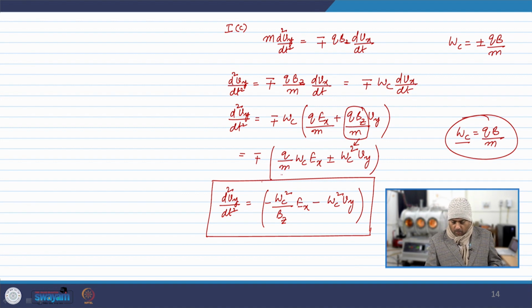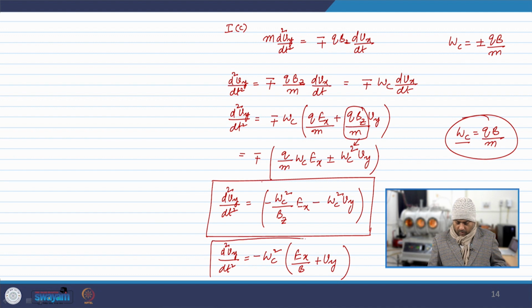So here q by m omega c when converted to omega c will give you a plus minus. Minus plus multiplied by plus minus will give you a minus. Again minus plus multiplied by plus minus will give you a minus. So we can summarize this equation as d square Vy by dt square as minus omega c square times Ex by Bz plus Vy.